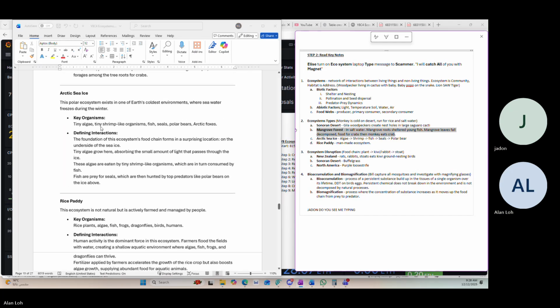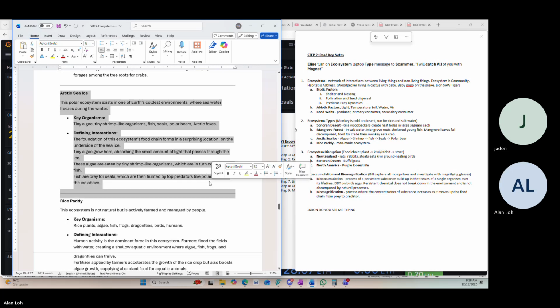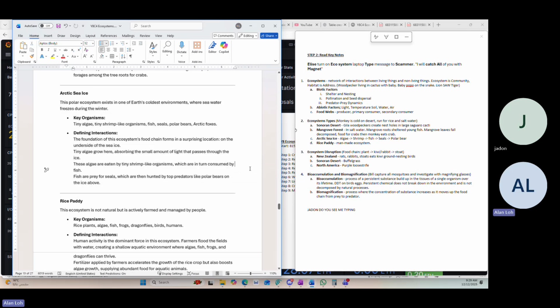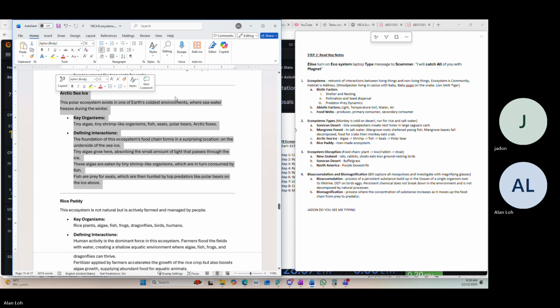Next, just this small part. You can read first. Okay.